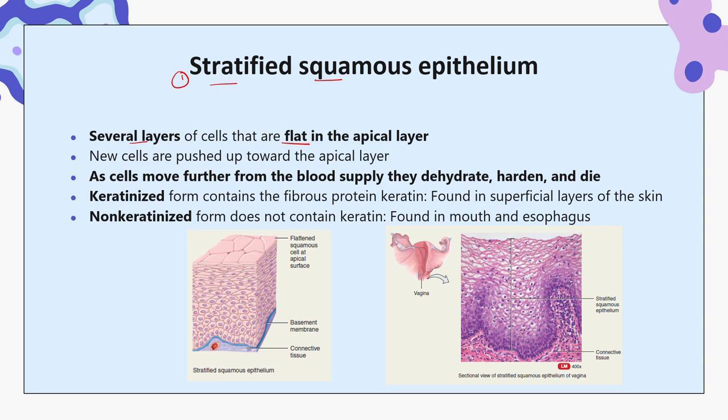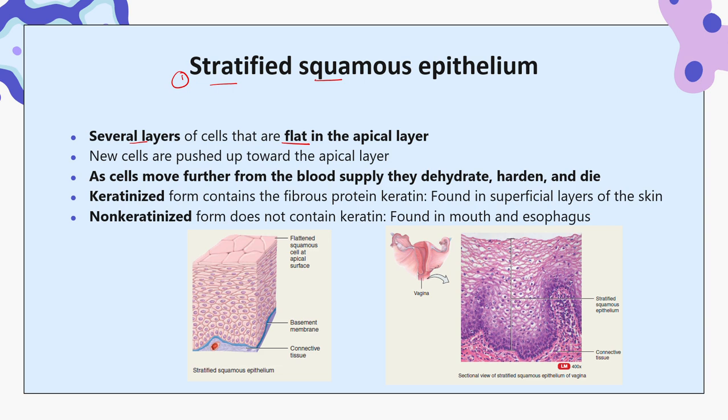So as epithelial tissue lacks blood supply, but connective tissue contains blood supply, the nutrients required for the growth of epithelial tissue will be provided by connective tissue. So the cells present towards the basement membrane will get a higher amount of nutrients from the connective tissue, correct?